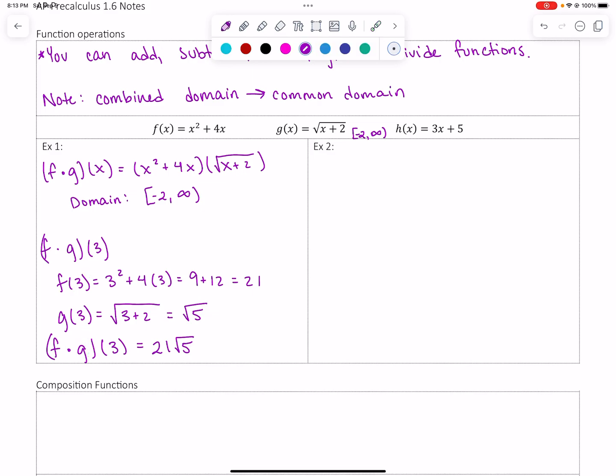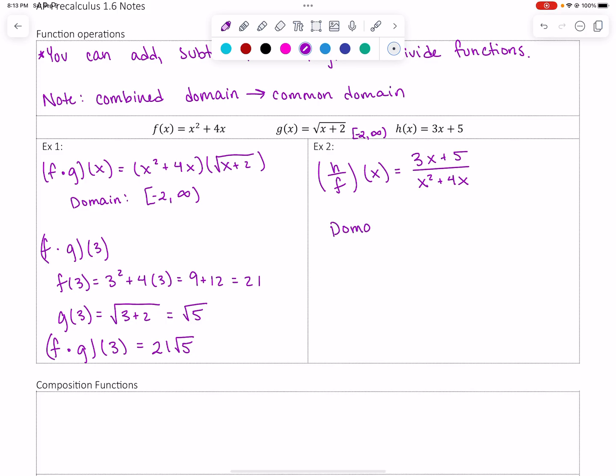So now that we've done that, let's look at dividing some functions here. So let's do h over f of x. Well, that's going to be 3x plus 5 all over x squared plus 4x. And because we're dividing functions, we introduced a domain, right? We have now a denominator, and we just want to double check that.